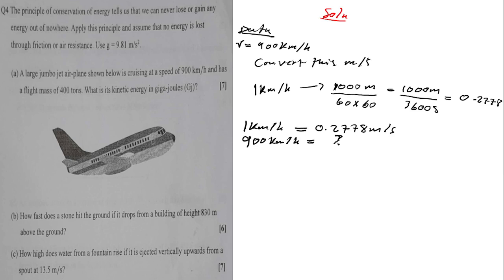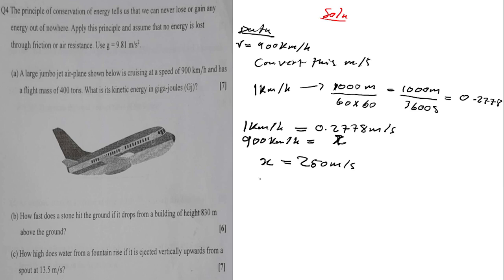So we simply say 900 times 0.2778, which gives us about 250 meters per second.